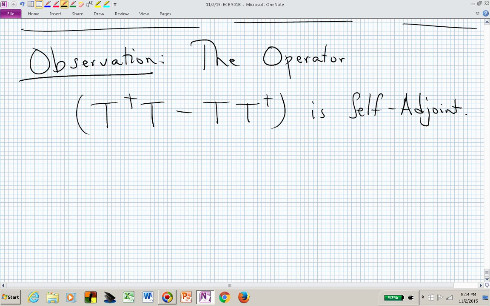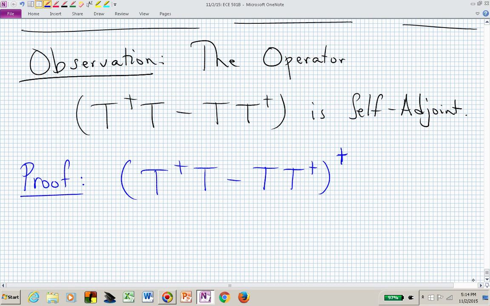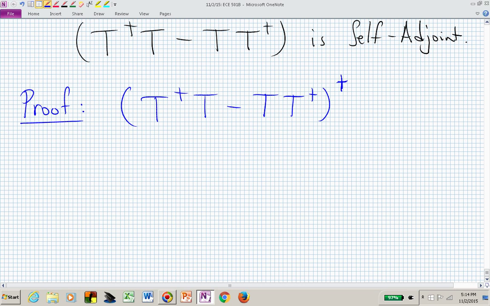We're just saying that if we just have T, then T dagger T minus T T dagger is self-adjoint. Which means that if we look at the dagger of all of that, we better get back what's inside the parentheses if it's self-adjoint.